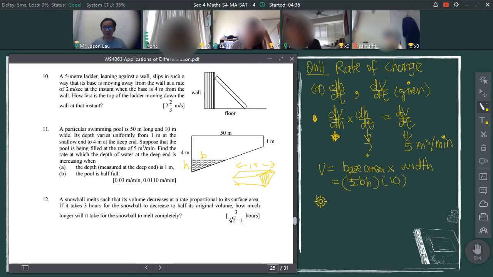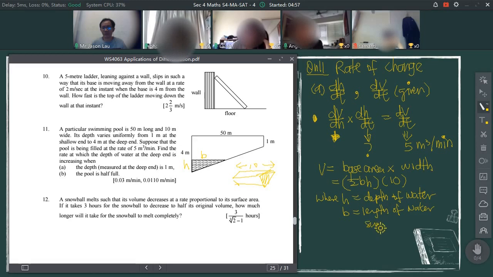Where h is the depth of water, then B is the so-called length, the length here. Not a very good description, but that will do.